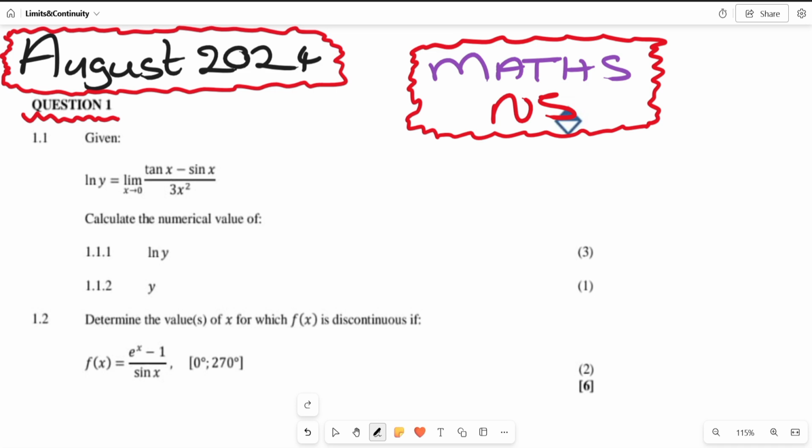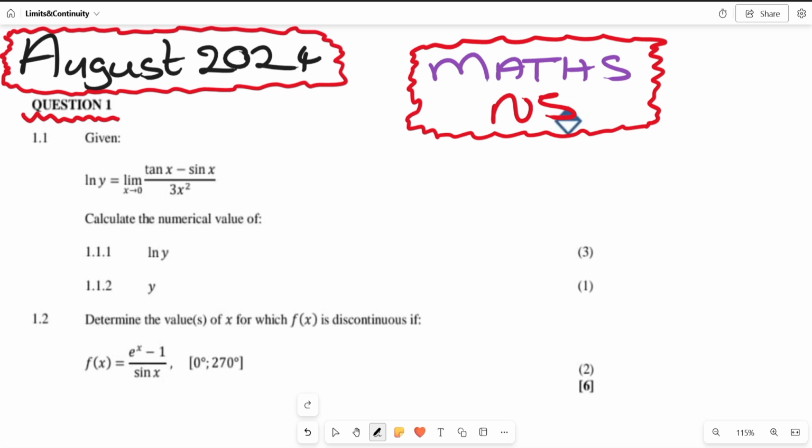So we need to figure out what happens if we substitute 0 over here and if we substitute 0 over there. That is how we identify the indeterminate form, and then on the denominator we do the same thing. But as we can see already, in the denominator we're going to have 0, because if you substitute 0 over here, the denominator will be 0. And then tan 0 is also 0, and sine 0 is 0.